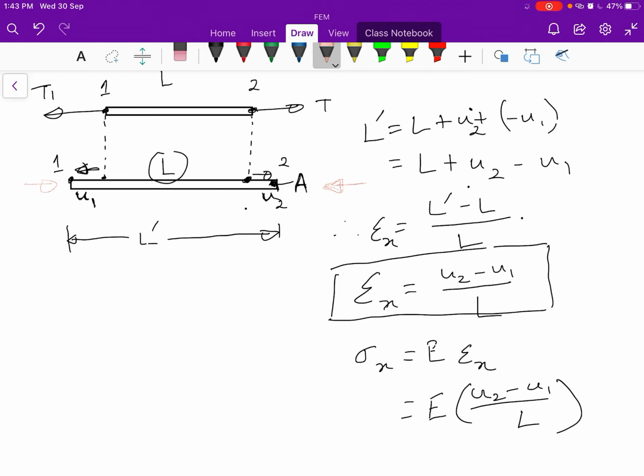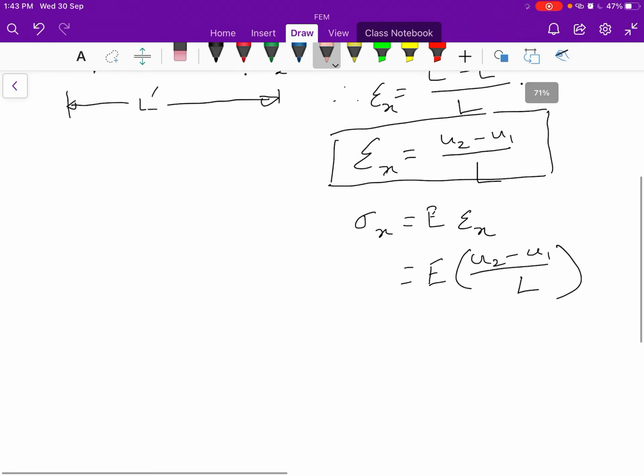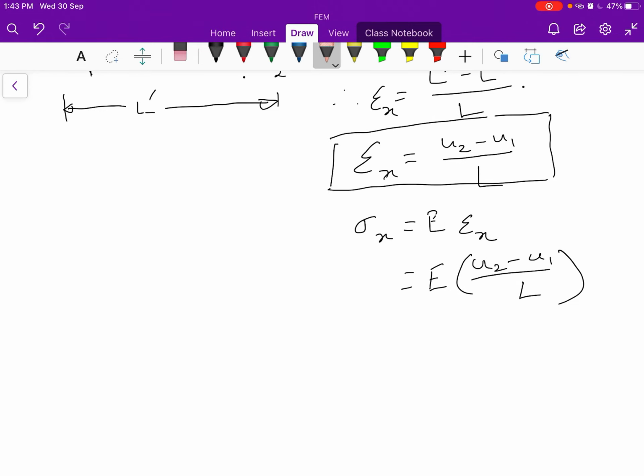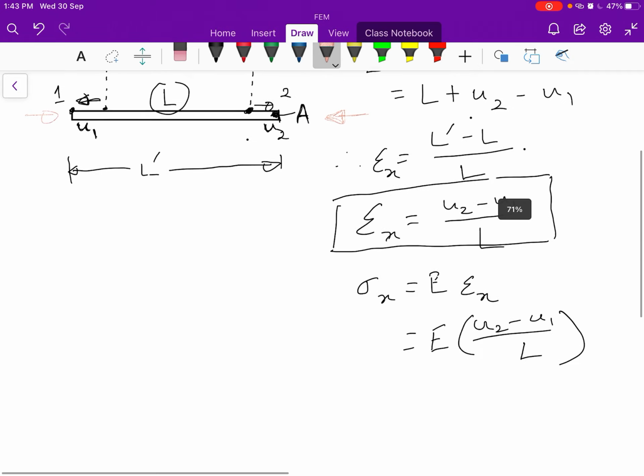So here we are considering the area of cross section to be A.